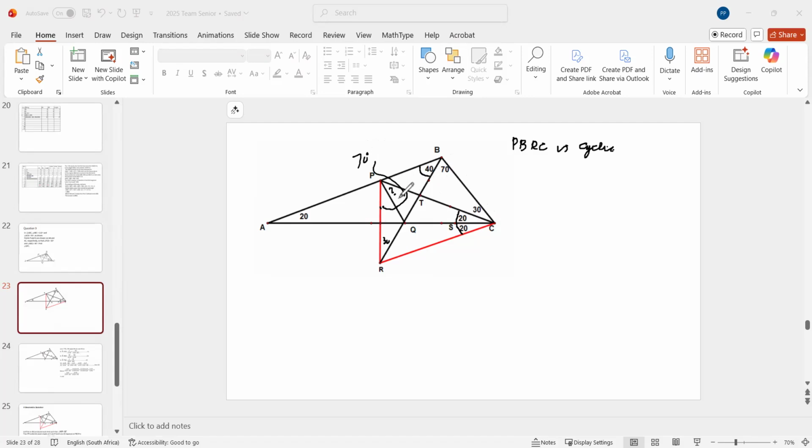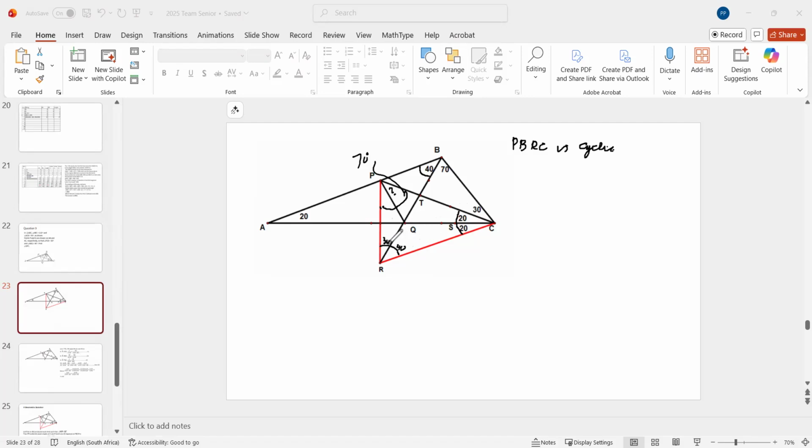But we still don't know this angle here. If we know this angle, then we can calculate what that is. So do I know this angle? You do know this entire thing is 70. This is 40. 70 plus 40 is 110. So this angle is 70. If this is 30, this has to be 40 then.